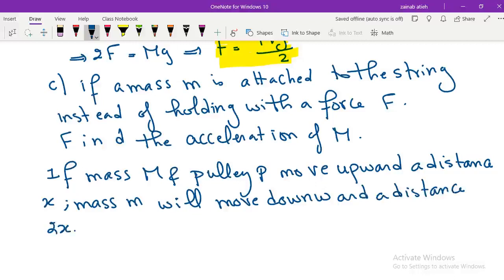This means that if M has an acceleration a, then small m will have an acceleration 2a.